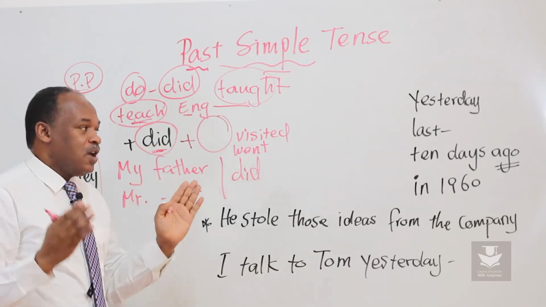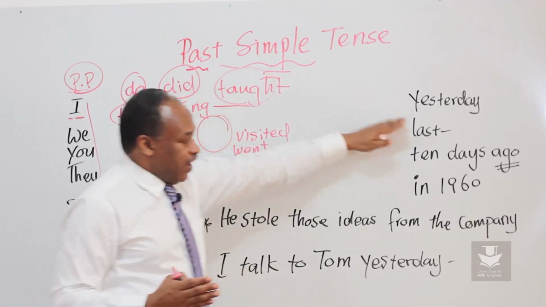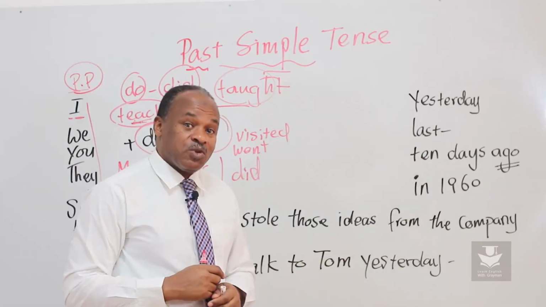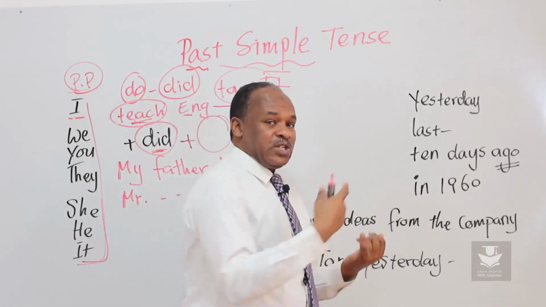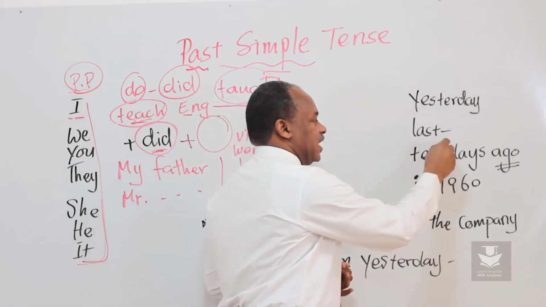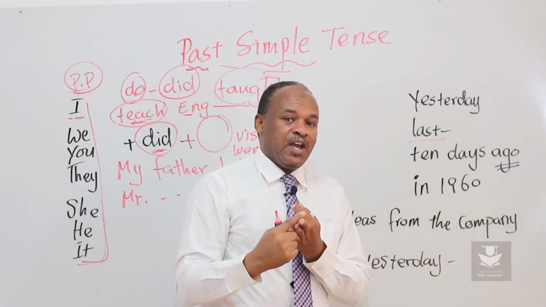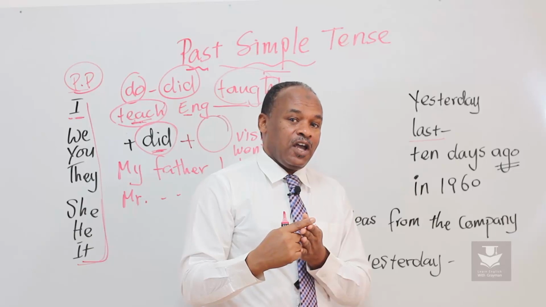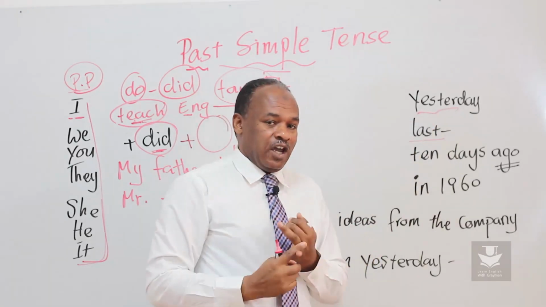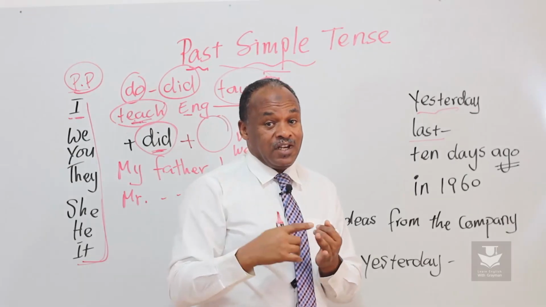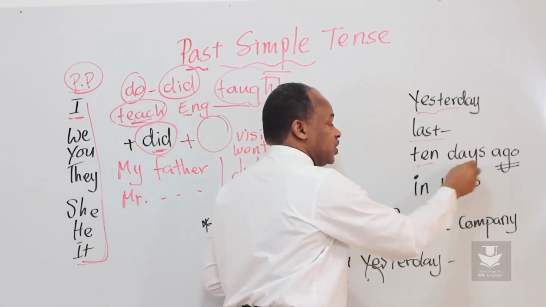To make the past, make sure in your sentences to have any of the time expression words. I keep saying last year, could be last year, last month, last week, last century, okay? It could be yesterday, could be the day before yesterday, could be 10 days ago.